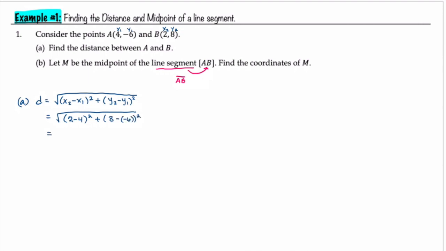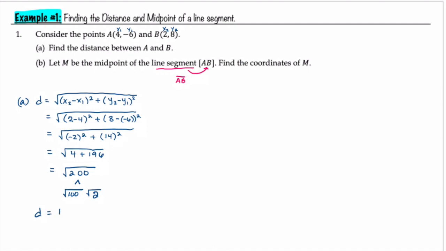I'm going to evaluate. And I get the square root of 200, but I can simplify this further by multiplying square root of 100 times 2, giving me my distance to be 10 radical 2. You should always simplify those radicals if possible.